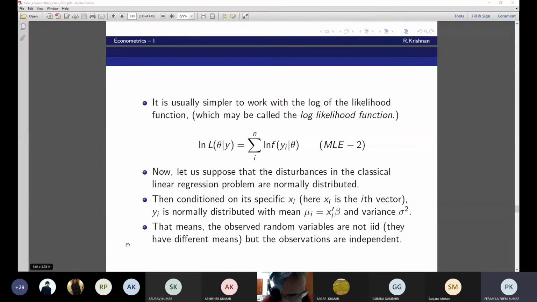Yes, sir, because you're conditioning on xi, that is a constant plus a normally distributed variable. No. See the question. Understand the question. E is a normally distributed random variable. I'm now defining a function y is equal to x beta plus E. Isn't this a function in E?